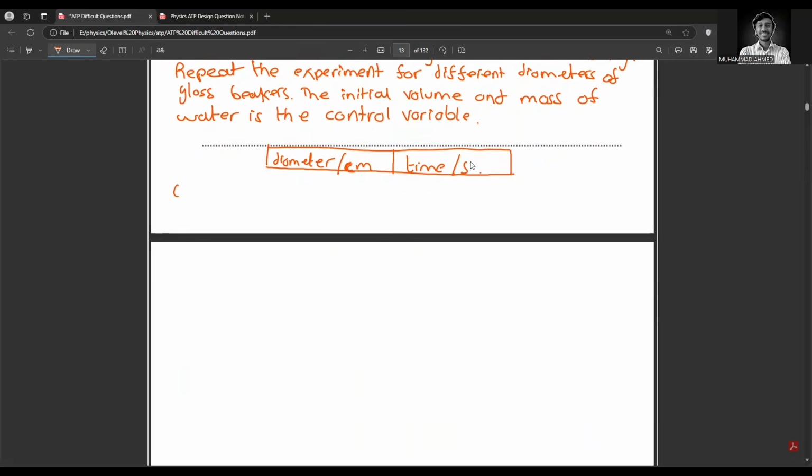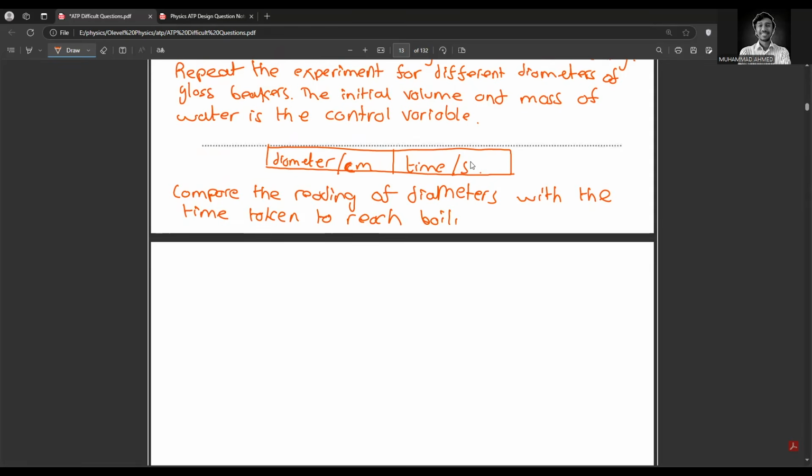You will say, compare the reading of diameters with the time taken to reach boiling point.